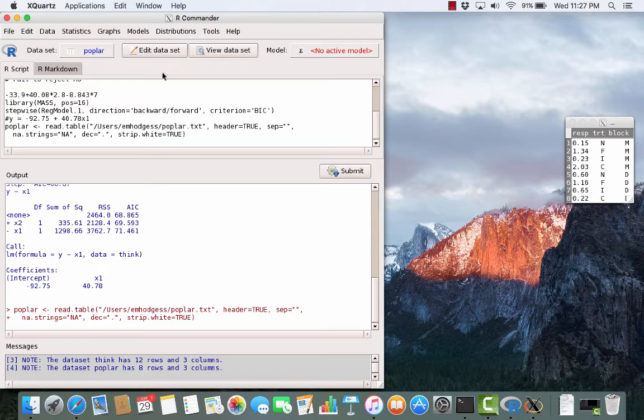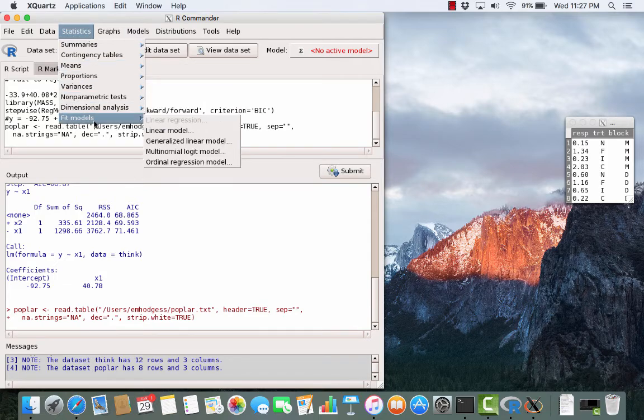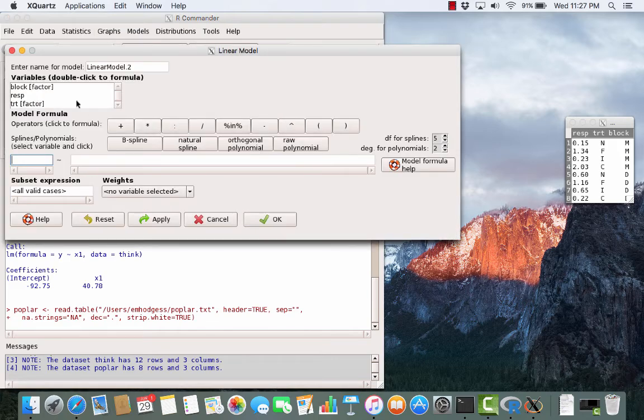Okay. So as we saw this week, randomized block was a little weird. So go into statistics, fit model, linear model. You have to set up a formula first to make this go. You're going to double click on response. You want response, it's a numeric value, on the left hand side of the formula.